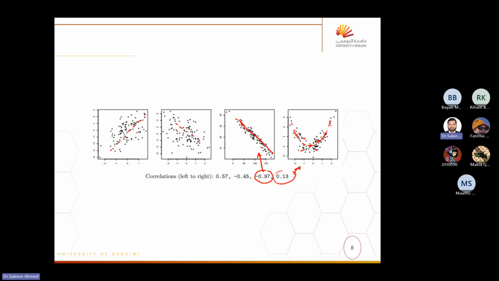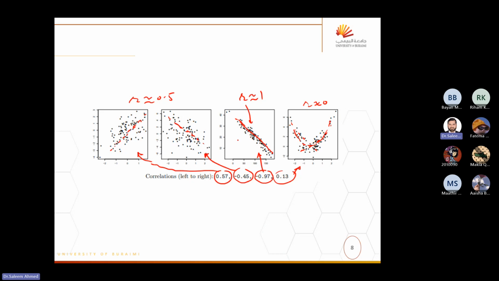Maybe we are going up, maybe we are going down. So R should be positive here, but close to 0.5, or again negative, but close to 0.5. So when R is close to 0.5, positive or negative, we have some relationship, but values are very scattered. Here R is close to 1. We have a relationship and all the values are very close to this line. And here R is close to 0.